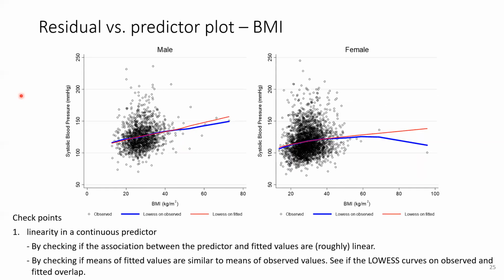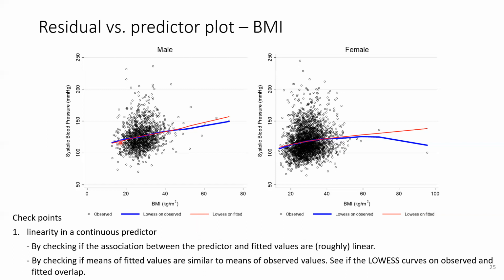And this one, the same thing for BMI, and the blue line was the lowest curve on observed value. The observed association was expressed using the blue line. And I also fit the lowest curve on fitted value of systolic blood pressure.